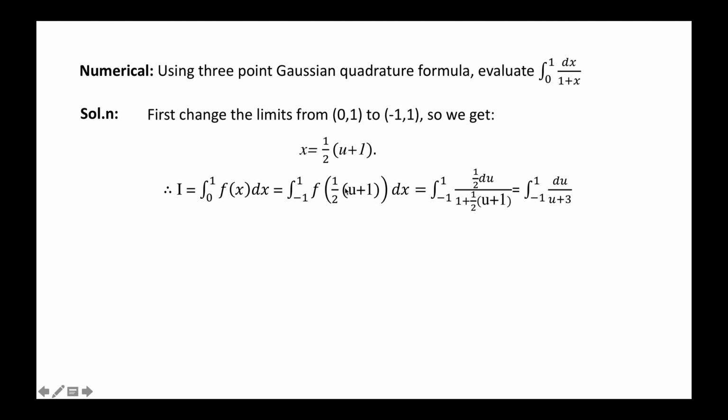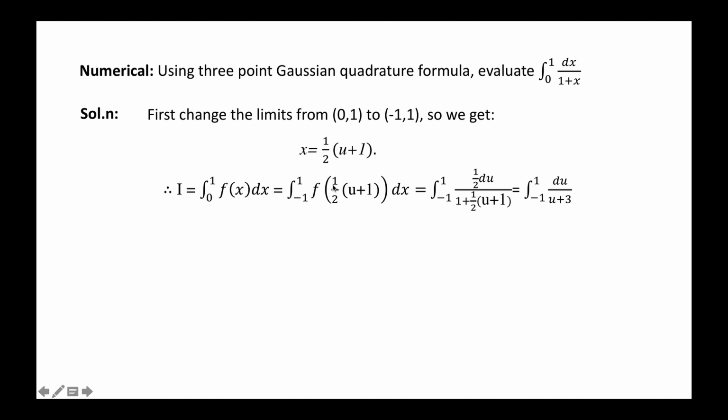So substitute the value of x now. dx is 1/2 du and f is 1 over 1 plus, in place of x you substitute 1/2 (u + 1). On little simplification you will get the integral from -1 to 1 becomes du by (u + 3).